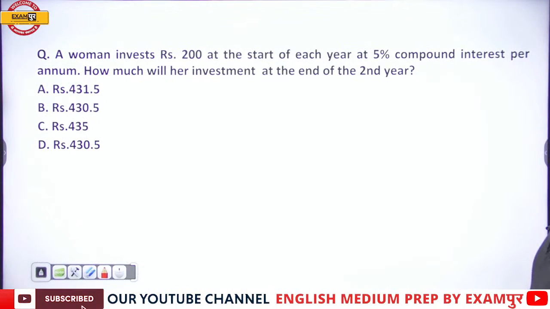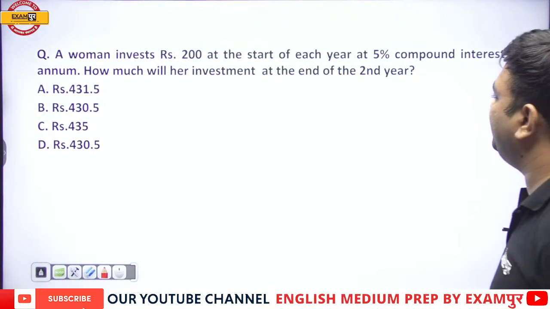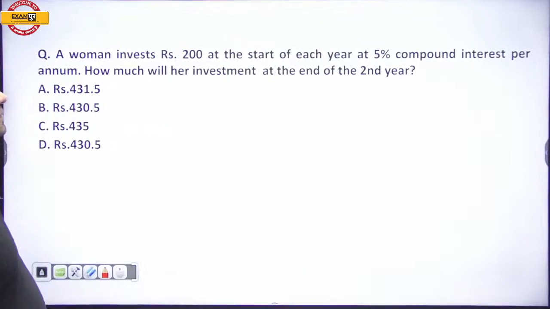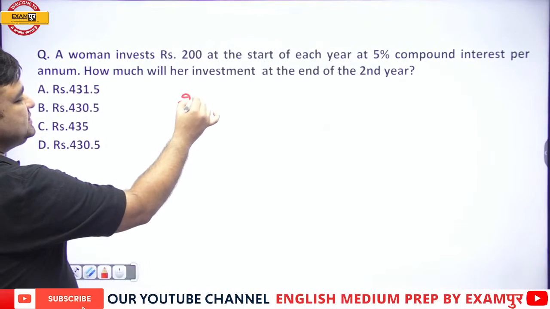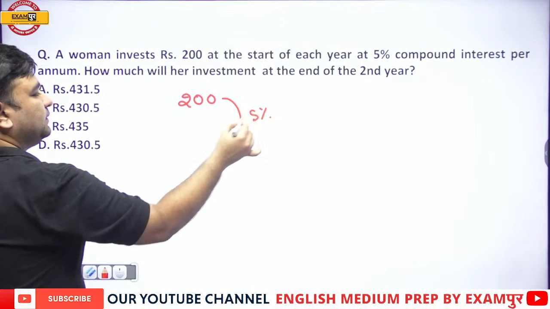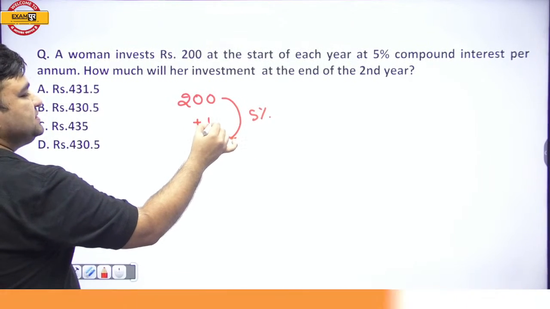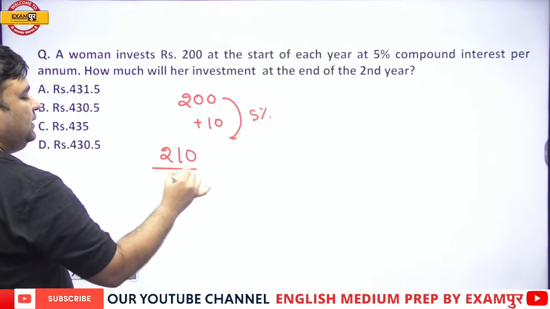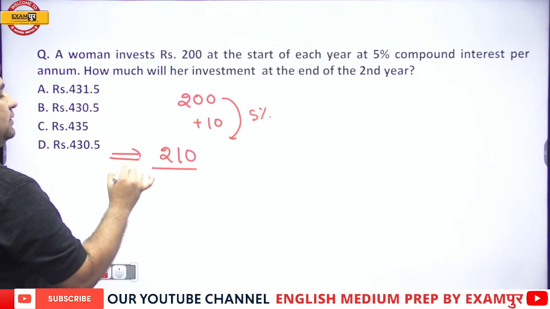$200 at the start of every year at the rate of 5% compound interest per annum. What would be the investment at the end of the second year? 200 at the start of every year. 5% of 200 is 10, so it will become 210 in the beginning of the second year.